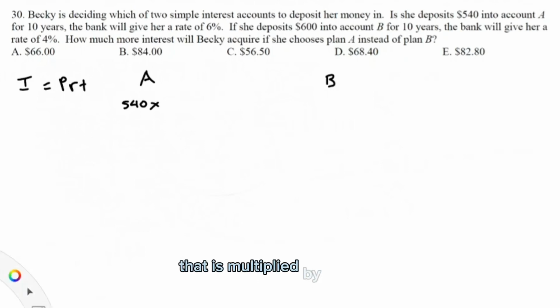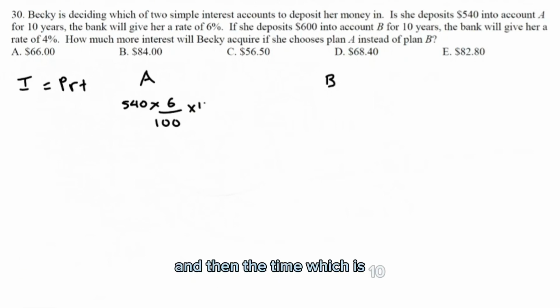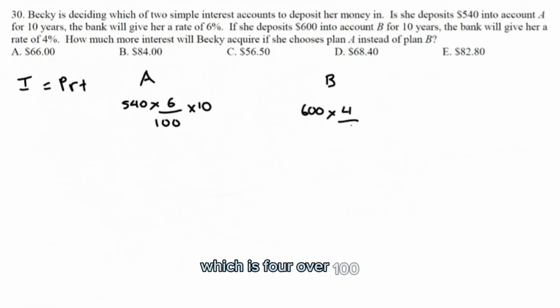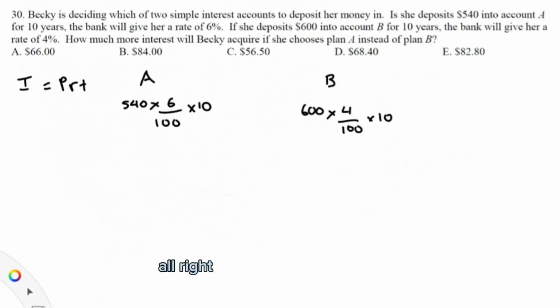That is multiplied by the rate, which is 6%, or 6 over 100. And then the time, which is 10. Alright, let's do it for the next one. So she's depositing $600 with a rate of 4%, which is 4 over 100, times 10 years. Alright, now we need to calculate the total value of both of these plans and then the difference between them. Alright, let's do it.